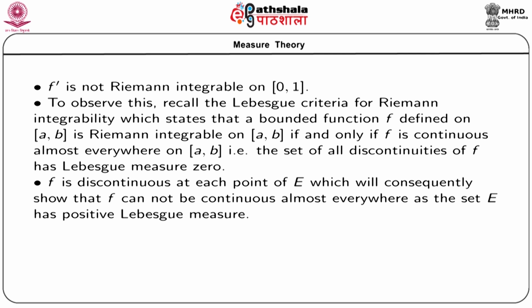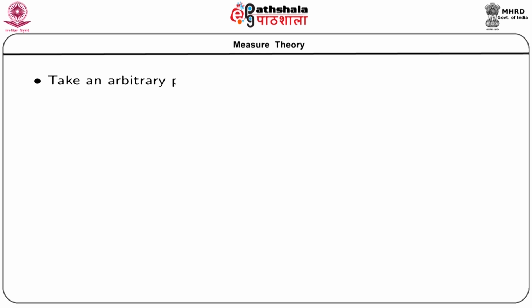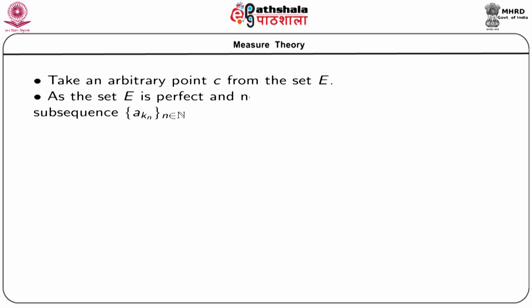So, let us show that f' is discontinuous at each point of E. We start with an arbitrary point c from the set E. By our assumption, E was chosen to be perfect and nowhere dense, and so every point of E is a limit point of E, since it is perfect.